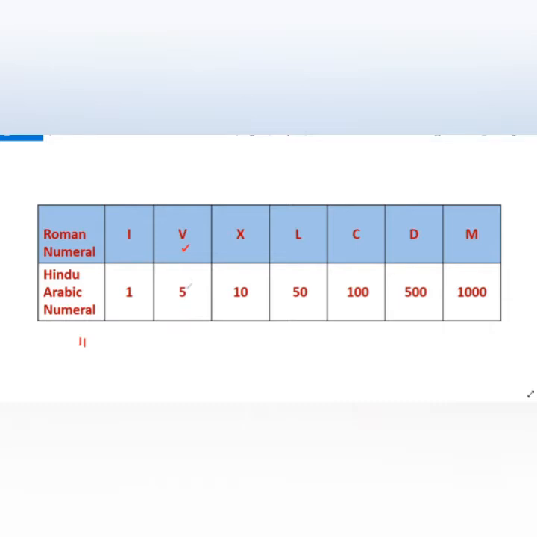So according to that rule, 4 means 5 minus 1, not 1, 1, 1, 1. So first write 1, then write the 5 symbol. This is 4. That means 5 minus 1. Okay, this rule I will teach you.